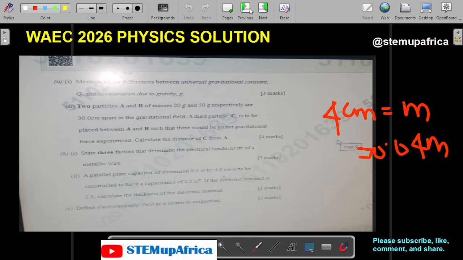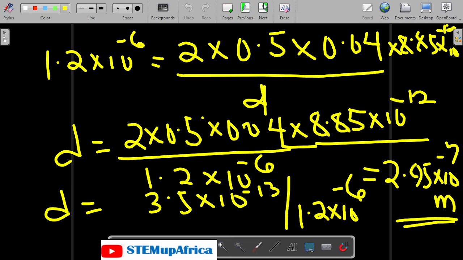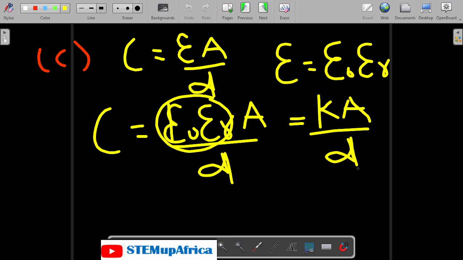Then last question, they say define electromagnetic field. Okay, let's do that. So electromagnetic field is simple. It's a region where electromagnetic force field can be experienced.